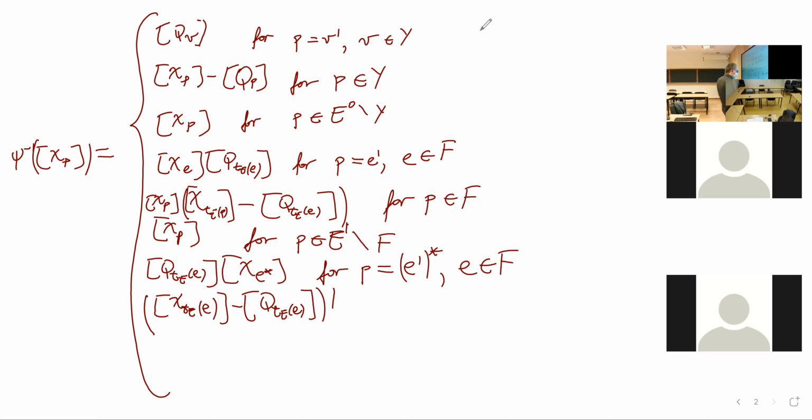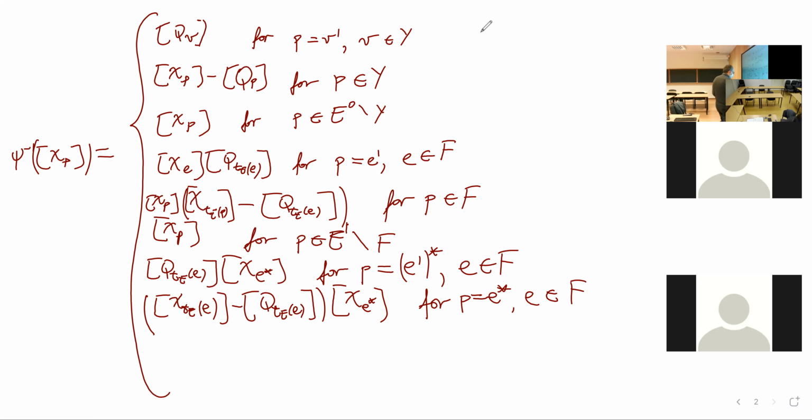And now comes the star part. So this is chi of e star, I mean the class of e star. And this is simply for p being equal to e star and e in f. Yeah, sometimes when I don't take my hand sufficiently far away from the blackboard, it makes such a smudge. Okay, so this is for e, of course, in f.